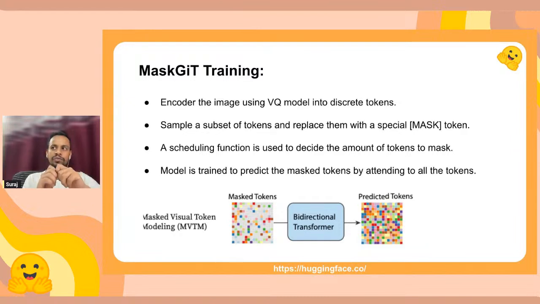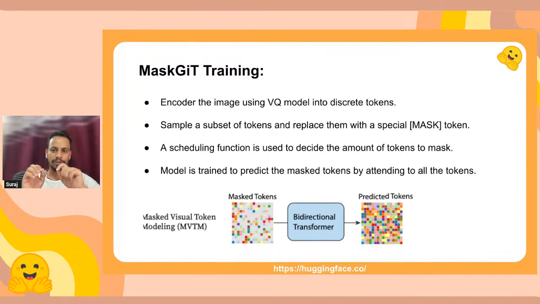For example, in masked language modeling in NLP, such as BERT, you use a fixed masking rate of 15%, and you mask 15% of random tokens. But in MaskGit or in Muse, we use a scheduling function, and that scheduling function tells us how many tokens to mask. So the masking here is variable.